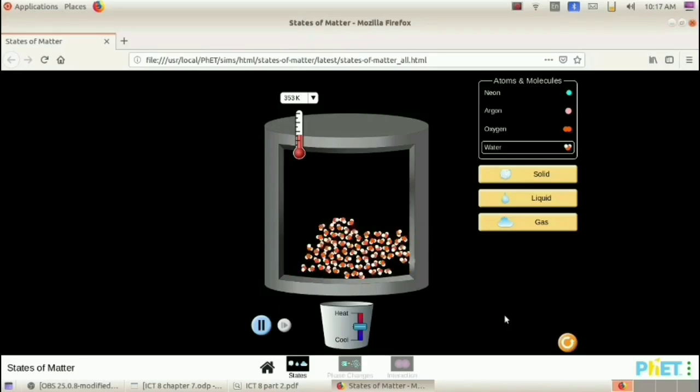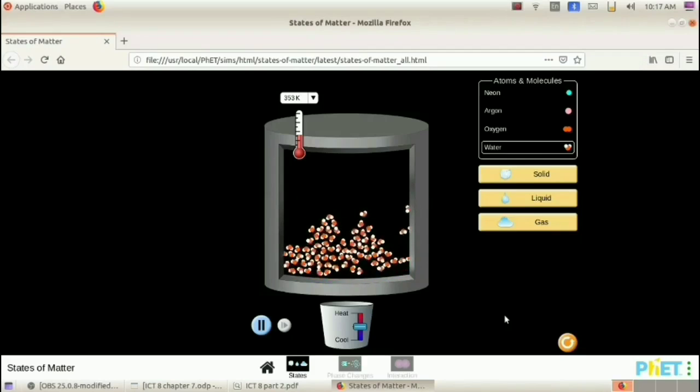They are moving, and attraction is there between the particles, but it is very less, not as much as in the case of solid state. So particles have energy, they are moving apart from each other, and there is little distance between the particles. So that is the case of water at 350 Kelvin.